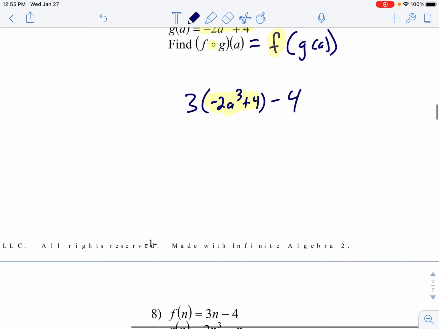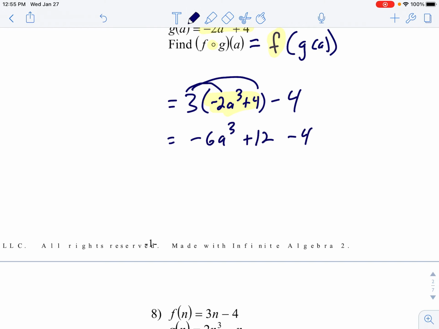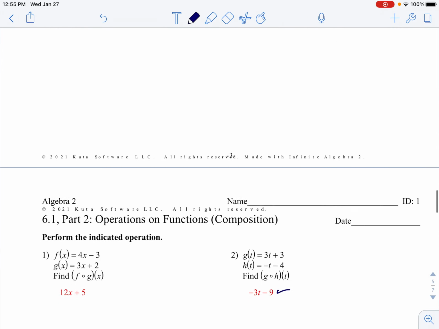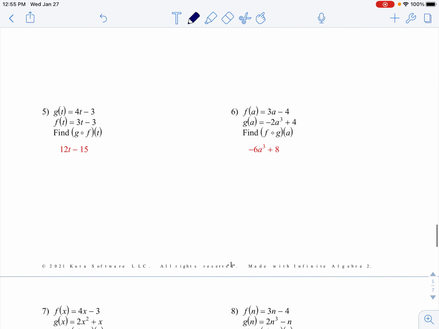At that point, simplify in any way you can. So distribute the 3, you get negative 6a cubed plus 12 minus 4. And then the 12 and minus 4 combine, negative 6a cubed plus 8. Let's check number 6 and see if that's right. And there it is.